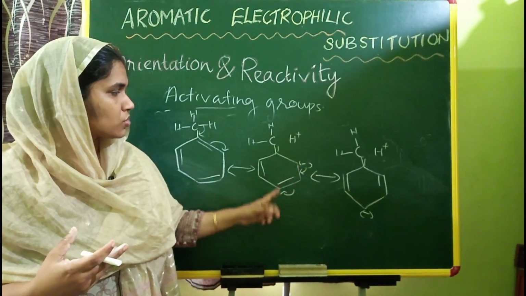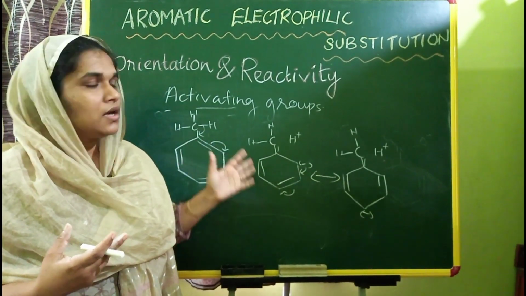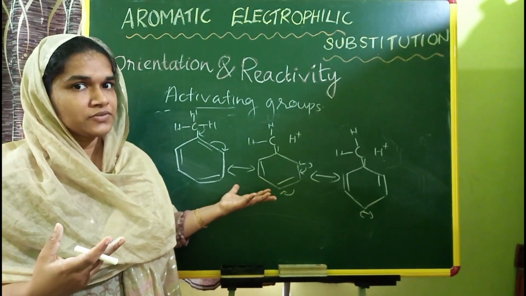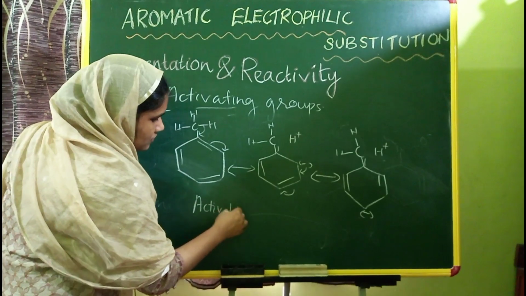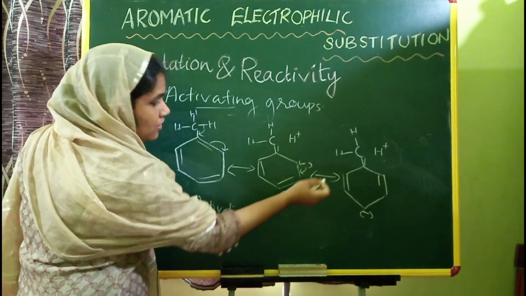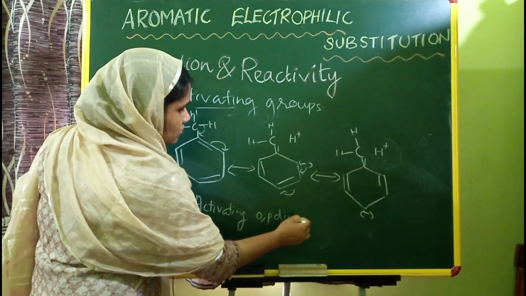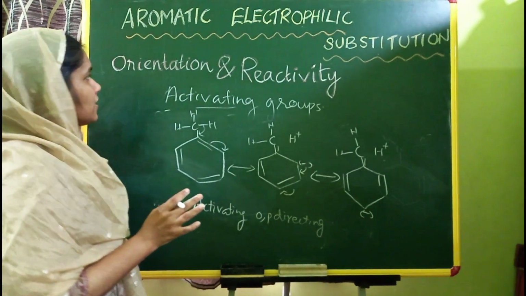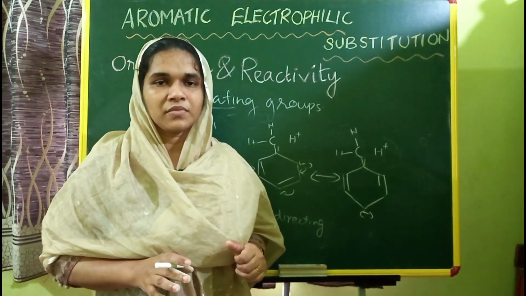Since the ortho and para positions are more electron rich than the meta position, it is activating and ortho-para directing. That's about the orientation and reactivity of monosubstituted aromatic compounds.